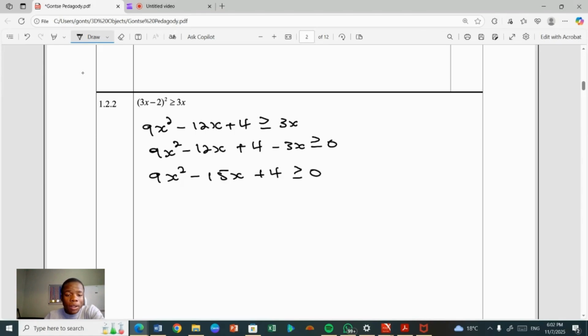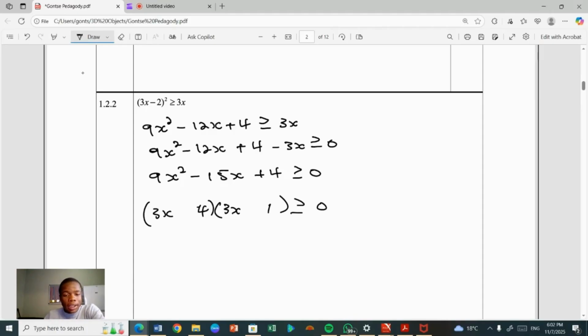Then from here you factorize, right? Then what are your factors? Your factors are 3x and 3x, and it's 4 and 1. But you check your signs. Your signs will tell you which factor takes the positive or the negative, right? So here it's positive.